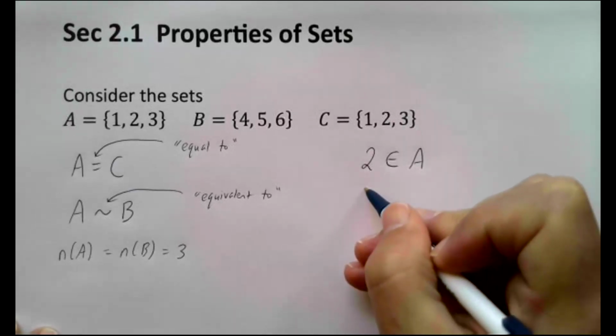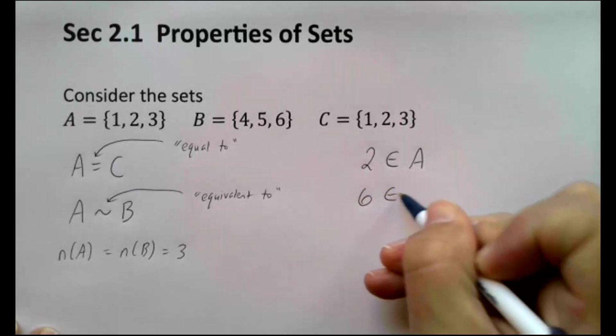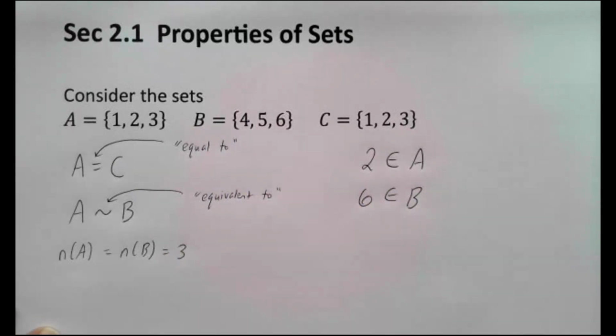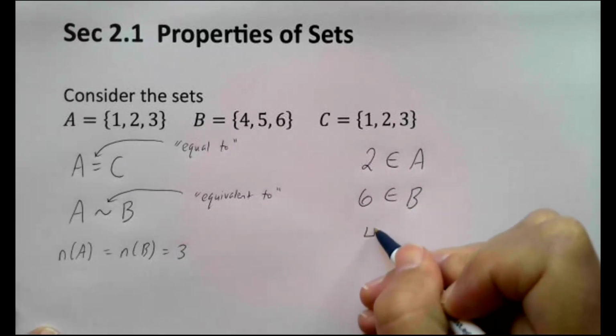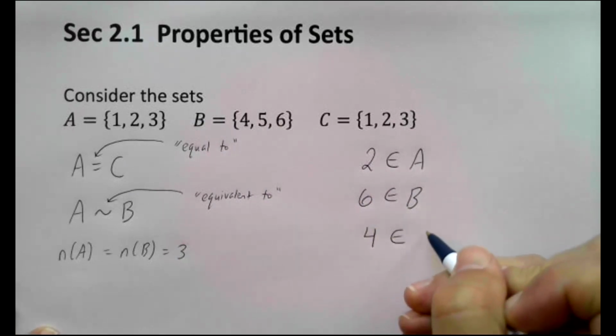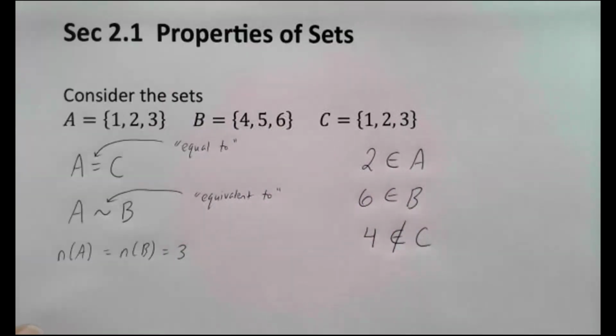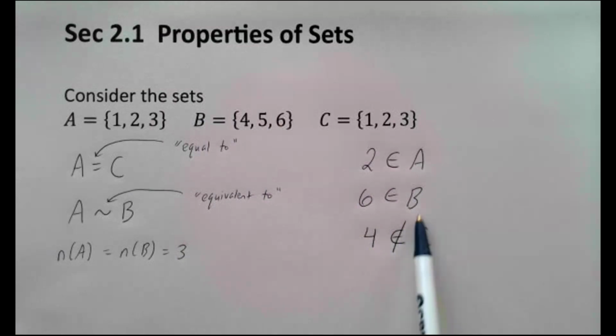I could say that the number 6 is an element of set B because 6 lies inside of set B. Is 4 an element of C? No, that is not true, but we could write it this way, and now this is true because we are saying 4 is not an element of set C. 4 is not there. 4 is not inside of set C.